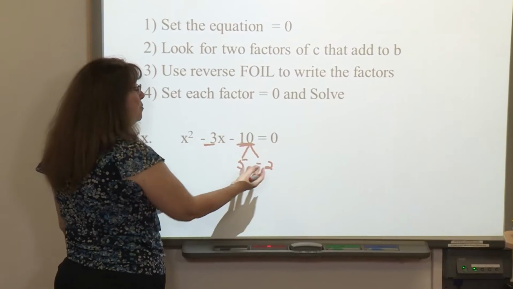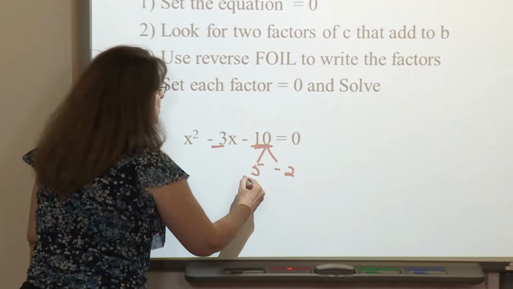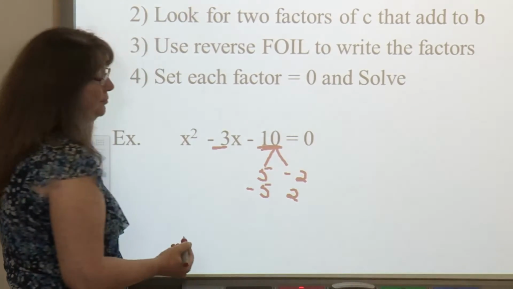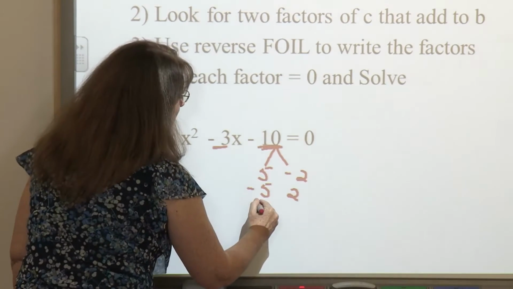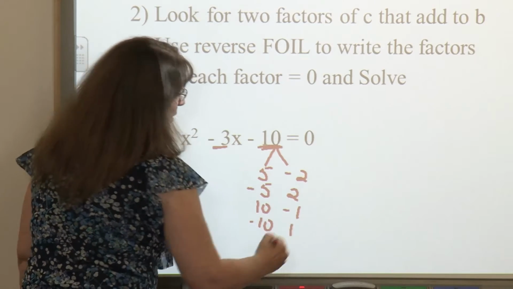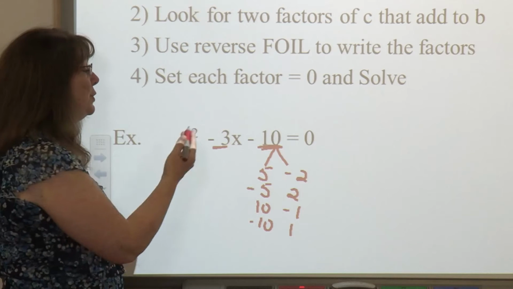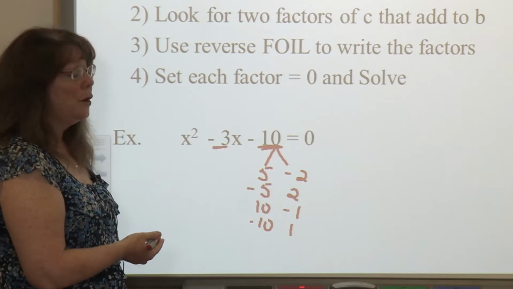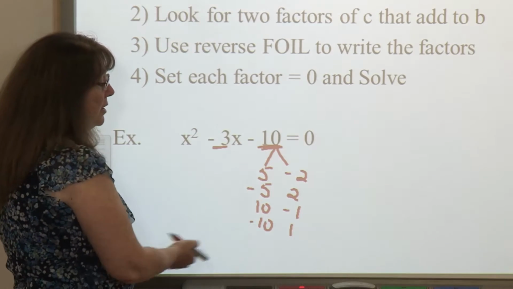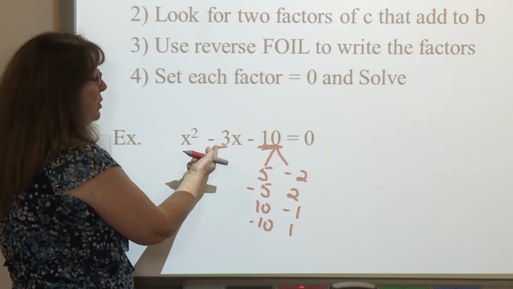But realize that you might have the negative with the other term. So I also want to check negative 5 and positive 2. We also have factors of 10 and 1. So 10 and negative 1, or negative 10 and positive 1. You can list all the factors, or you can go as far as you need to until you notice that one of the factor sets is going to give you that middle term.